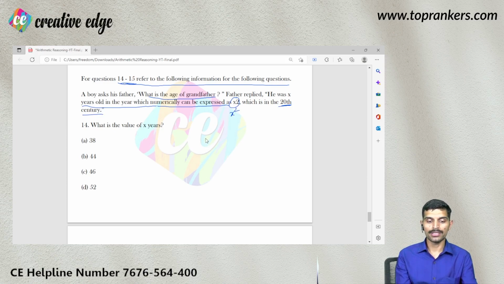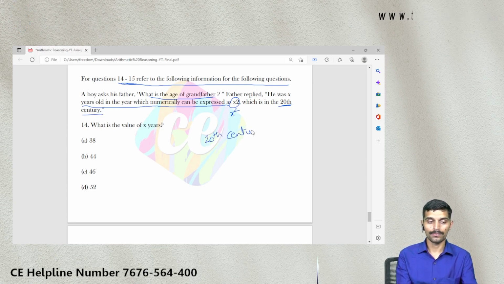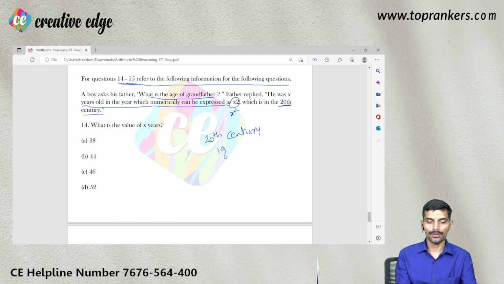The 20th century means from 1901 to 2000.